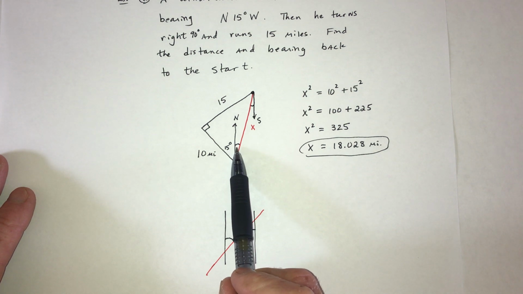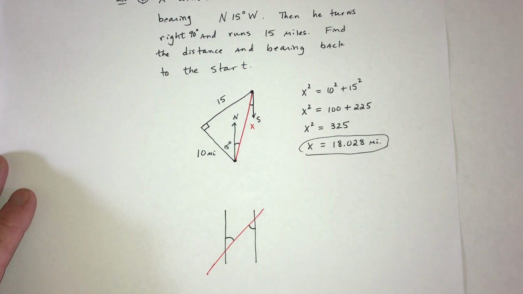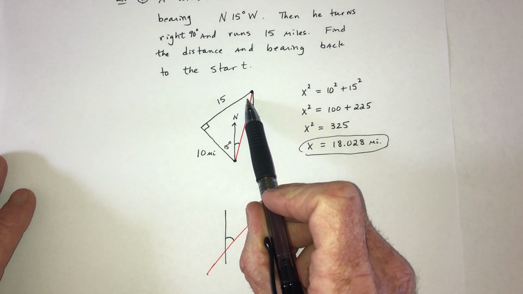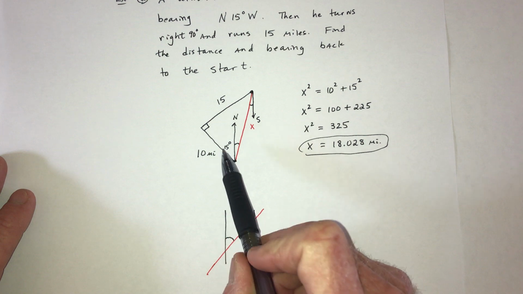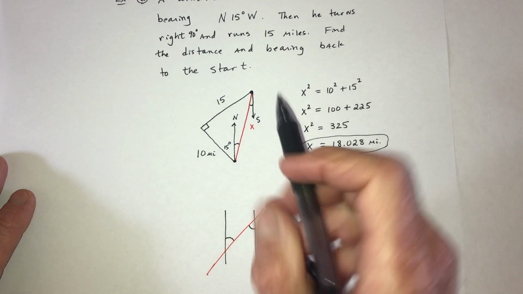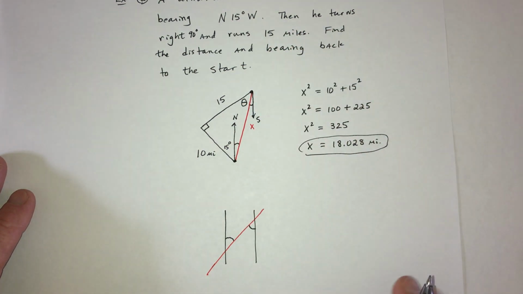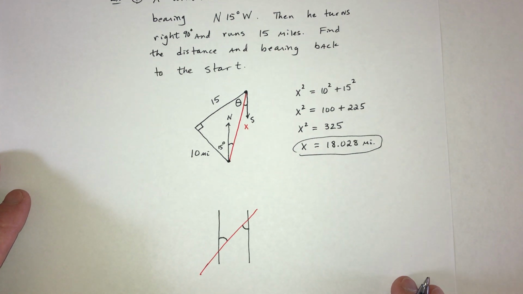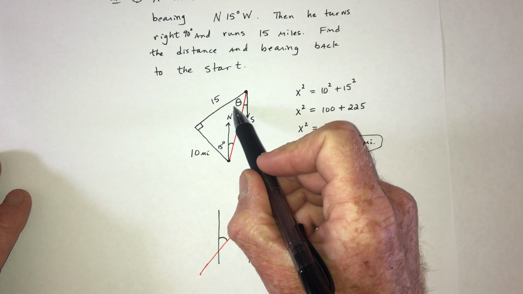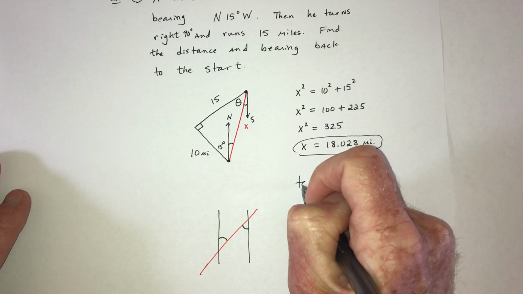And the reason that's a little bit easier is because that's inside of a triangle. And on the inside of the triangle, the three angles will add up to 180. Now, the only thing I'm missing is this angle right here, because I know that one, I know that one, I'm going to find out that one, but I still need to know this one. So for the moment, I'm going to call this theta. Now to solve for theta. So if you go across from it, this is opposite and this is adjacent. So that's tangent.